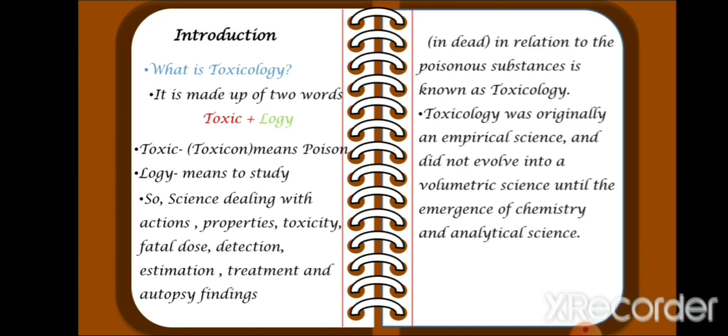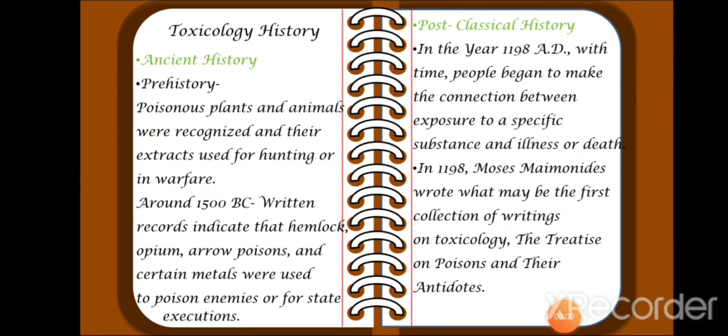Actually, this science was known from the ancient time, but with the due course of time, when other fields like biochemistry, analytical science, chemistry evolved, we got the scientific evaluation and the scientific basis of toxicology. So this is a very young branch.